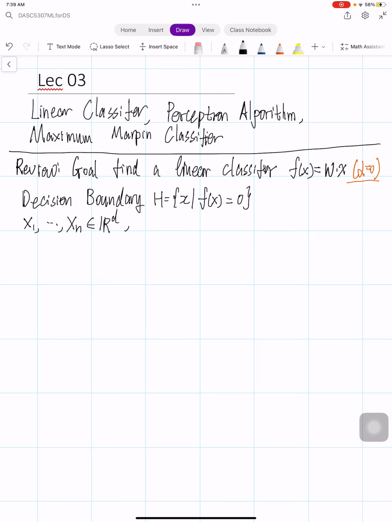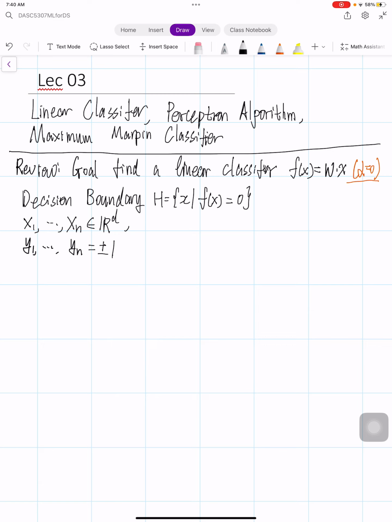For each of the data points in the training data set, we have a label y1 up to yn. These labels are either positive 1 or negative 1. Positive 1 means this sample point is labeled as in the class C, otherwise not.